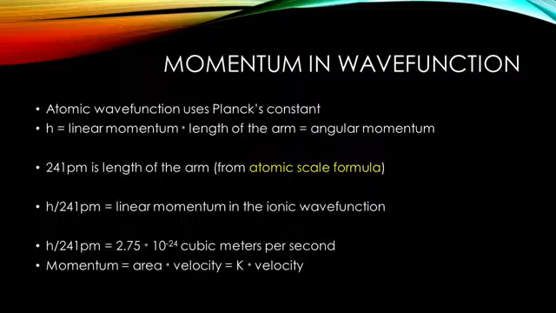Now, the length is called the atomic scale, 241 picometers. And the linear momentum is calculated by Planck's constant divided by that 2.4 angstroms. And the result is this value, 2.75 times 10 to the minus 24th cubic meters per second.